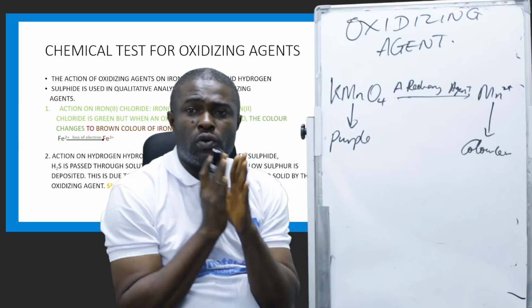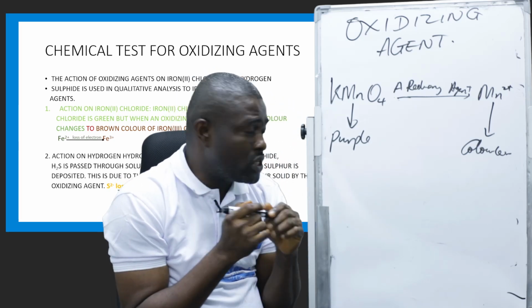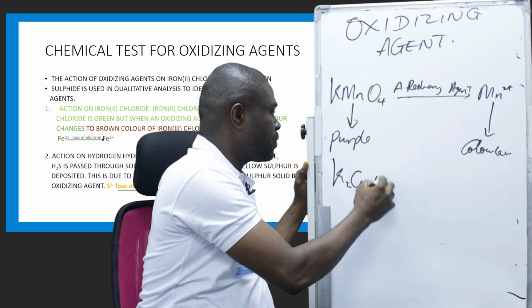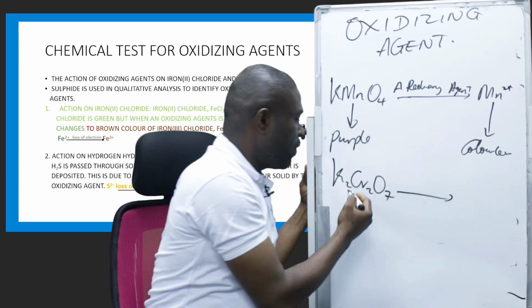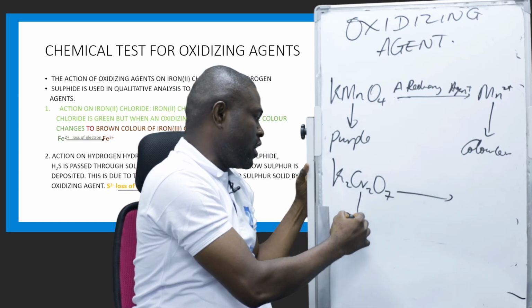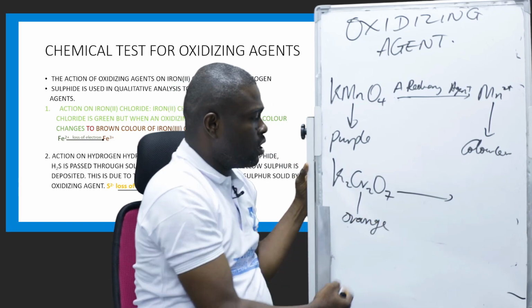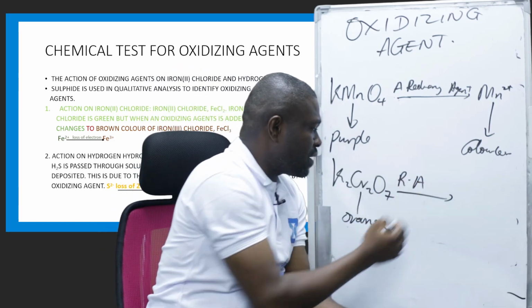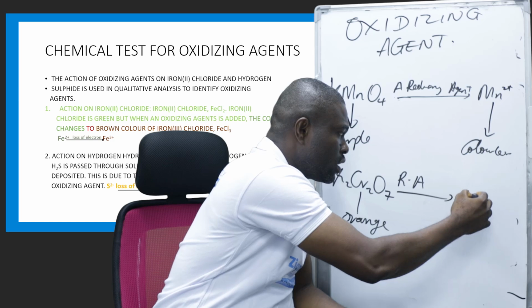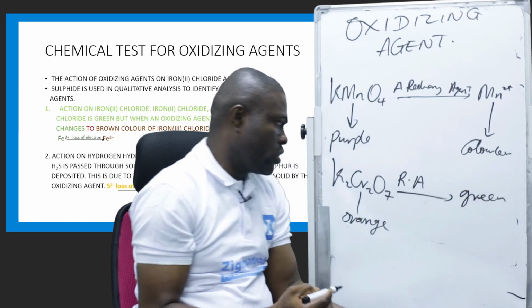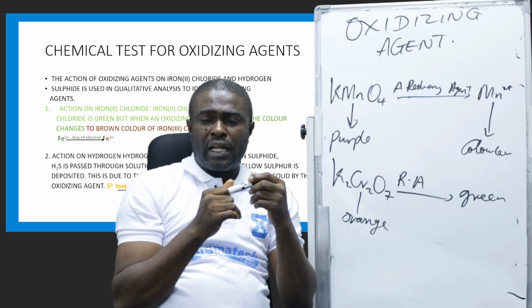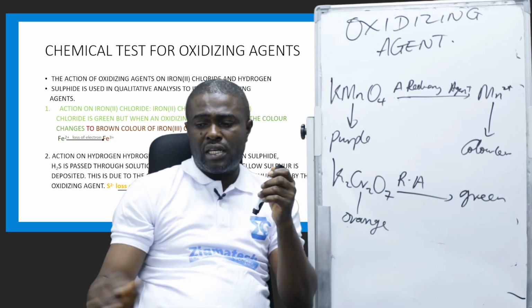If you don't want to use that, you can test a reducing agent using acidified potassium heptaoxodichromate 6. This one is orange in color. Once a reducing agent enters, it will turn to green. With these chemical tests, you can identify reducing and oxidizing agents.